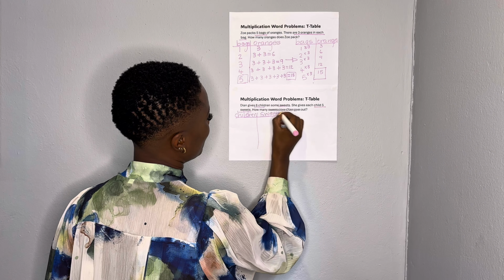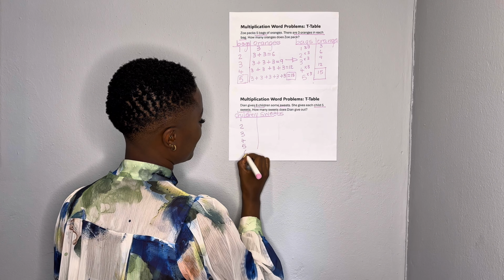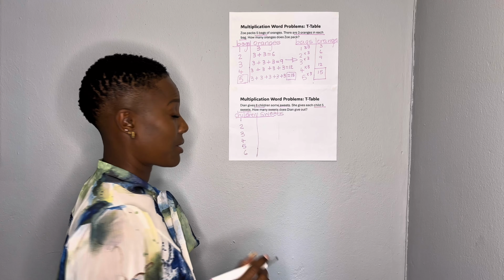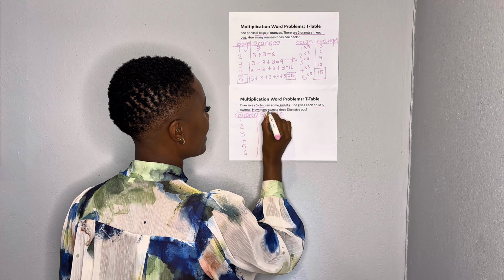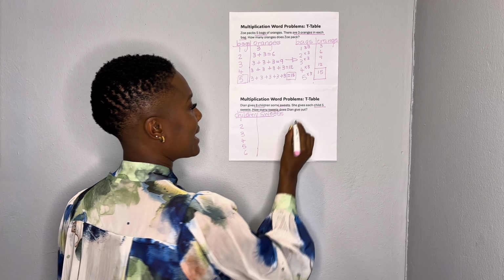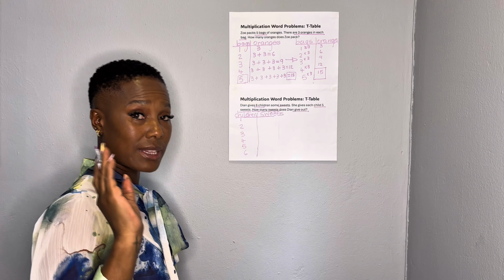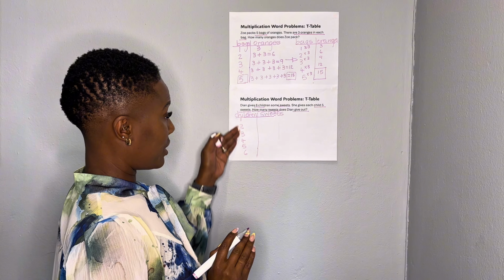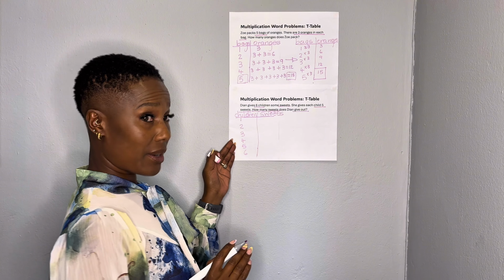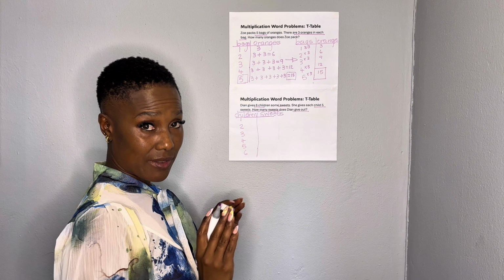How many children do we have? 1, 2, 3, 4, 5, 6. What are we looking for here? How many sweets does Diana give out? We want the total number of sweets she gave out. We know the number of children. Now we need to figure out the total number of sweets that she gave out.